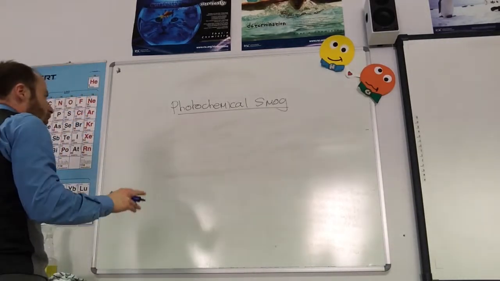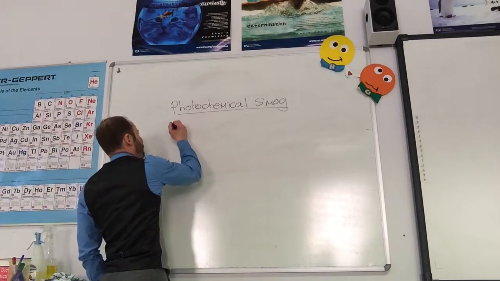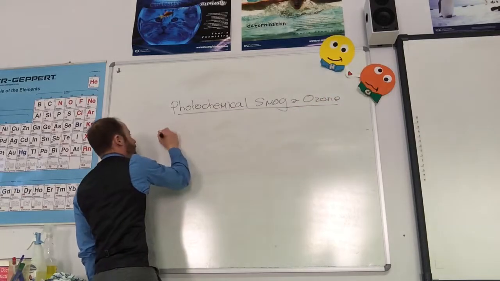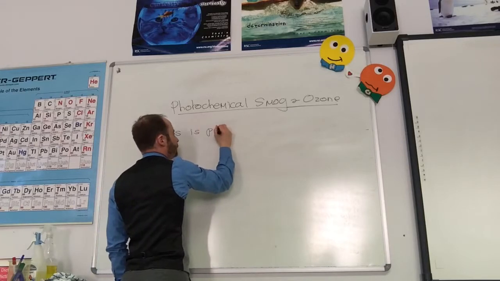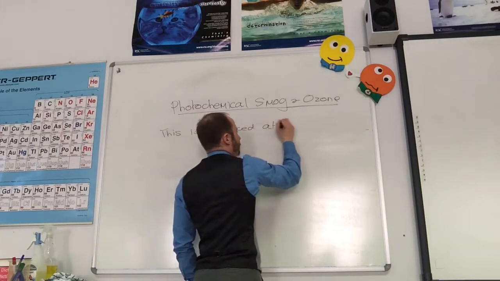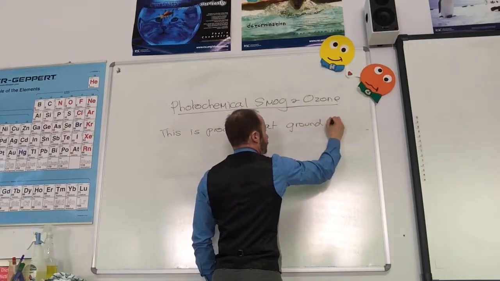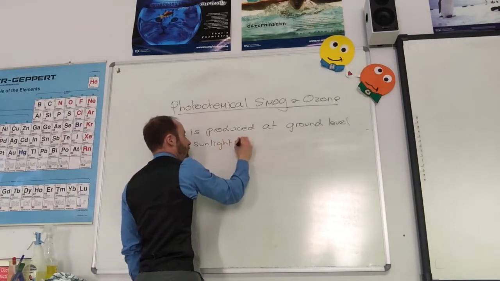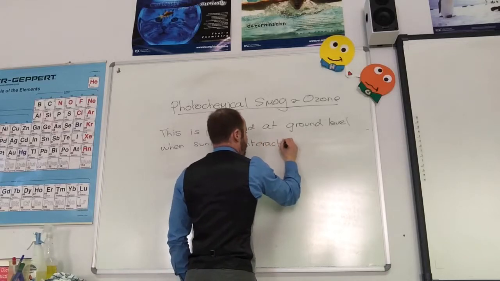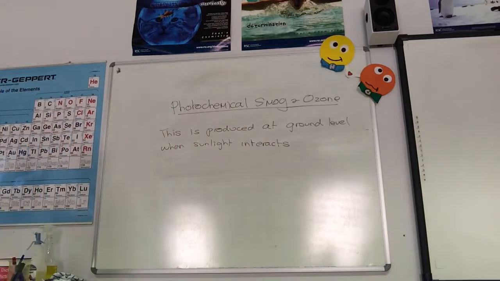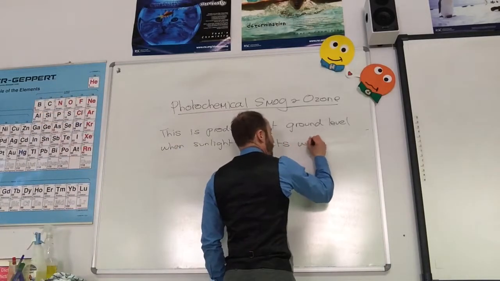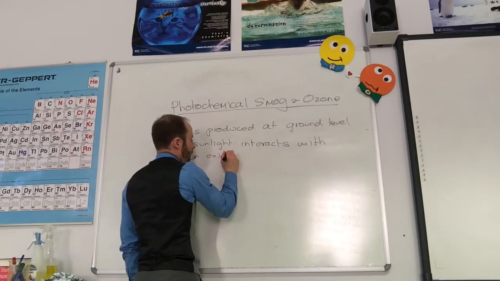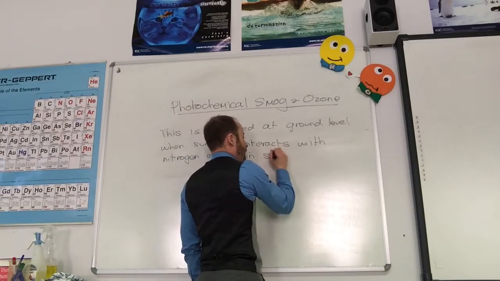So how is photochemical smog caused? Photochemical smog and ozone is produced at ground level when sunlight interacts with nitrogen oxides in still air conditions.